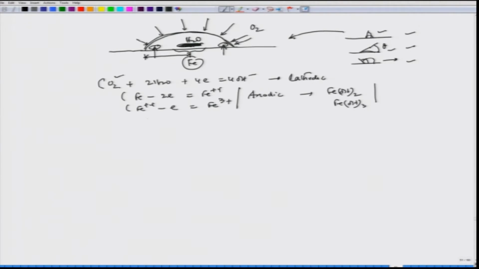So, now if I see the plot of oxygen concentration from this to this, this is the distance and this is oxygen content.